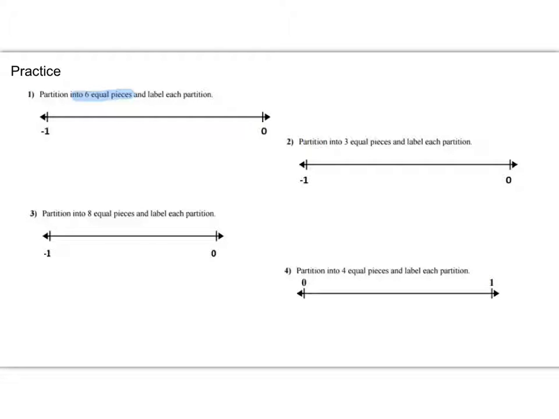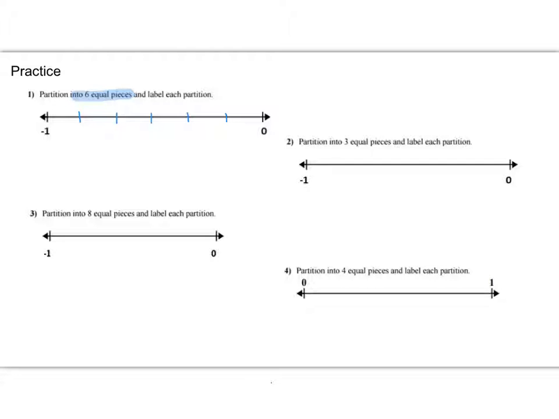And I'm going to divide it in half, first of all. But I need 6, so that means I need 3 in this half and 3 in this half. So I'm going to do that as best I can. That's not too bad. And here, and here. And now I'm going to label this.